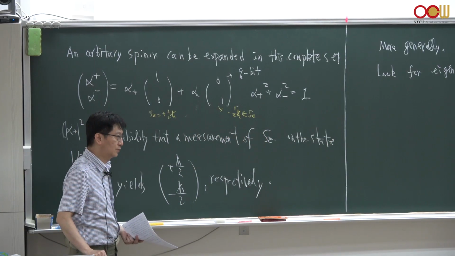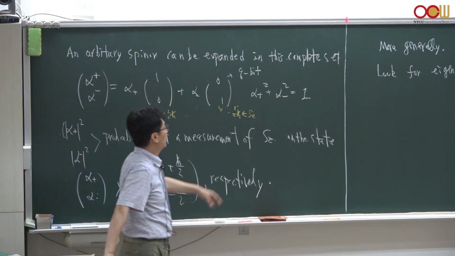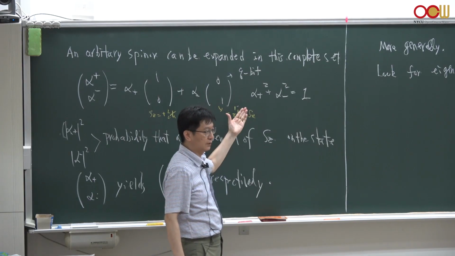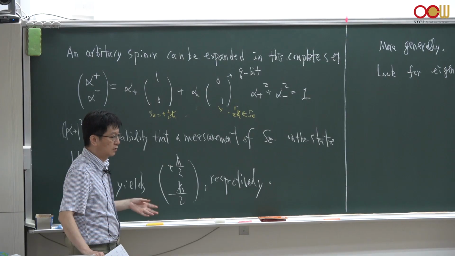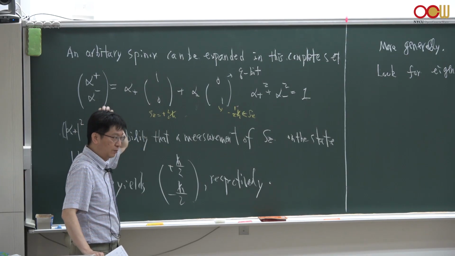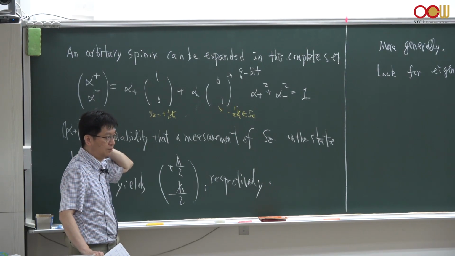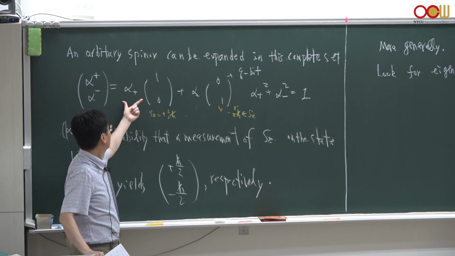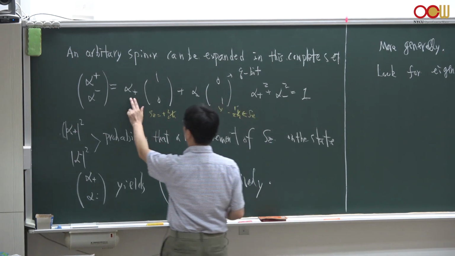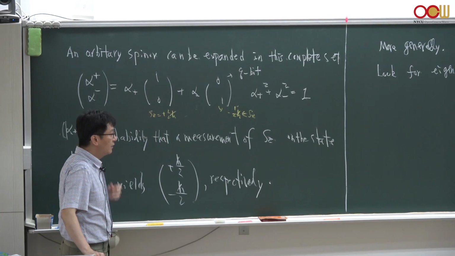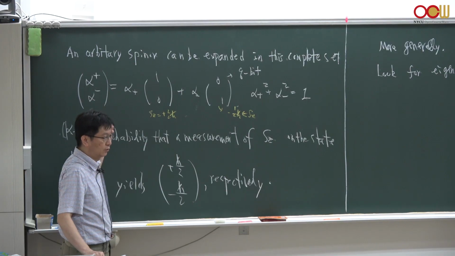The classical computer is made of 0s and 1s, but the quantum computer is based on the so-called quantum bit, or qubit. So how much information can one single qubit store? It's not just 2 to the power of n, but you can imagine that alpha plus and alpha minus are just complex numbers, and any combination of 0, 1 and 1, 0 states could be your quantum state.